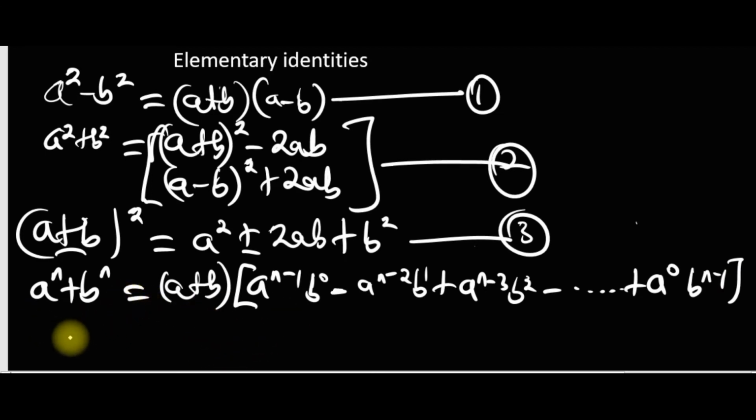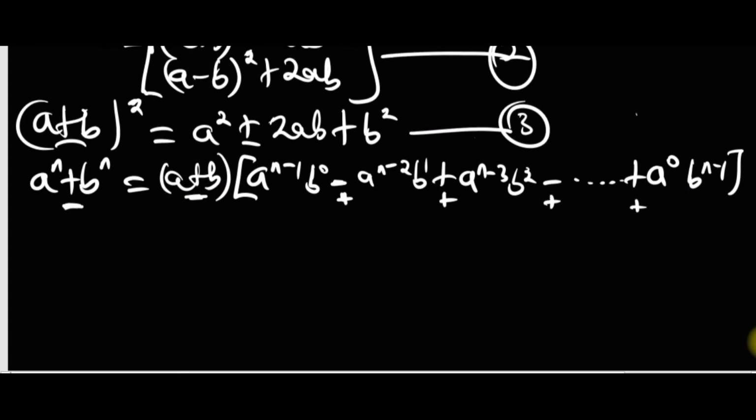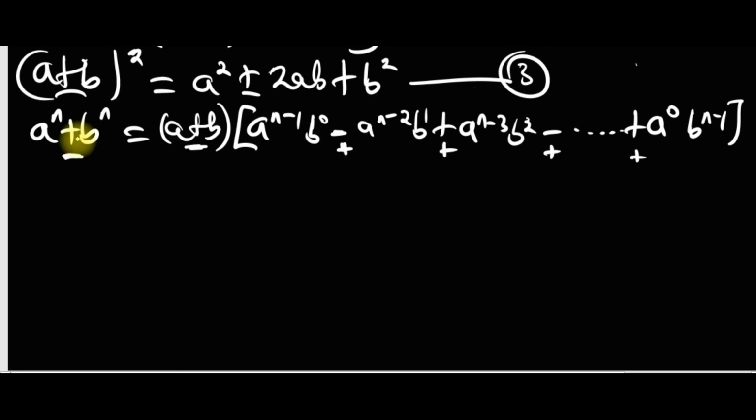So again, if it's minus, this is minus, this will always be constant. It will be constant plus all through. So that's it. If it's minus, the rest are all constant, it's always plus, except the first bracket, which is minus.